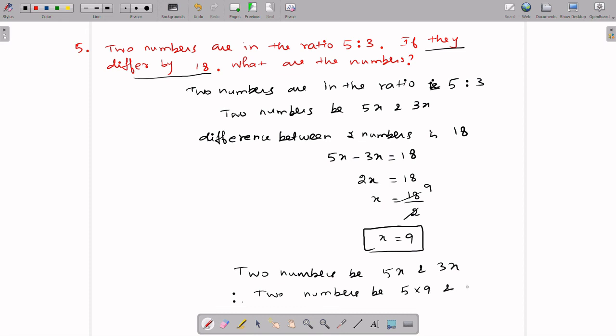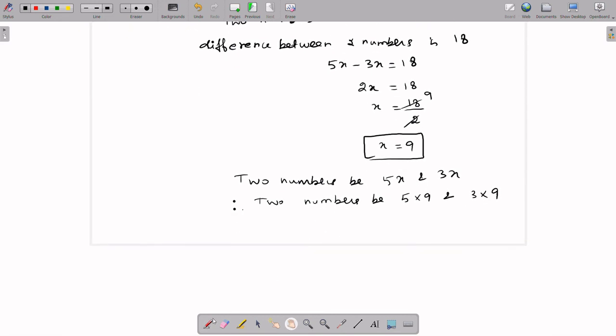What is 5 into 9? 45. And 3 into 9 is 27. So the required two numbers are 45 and 27.